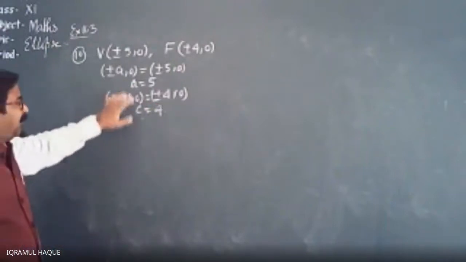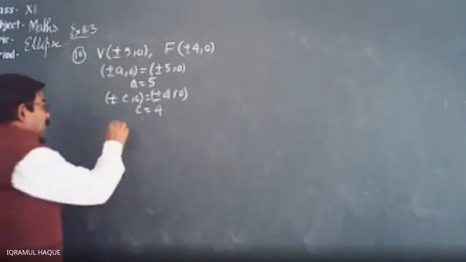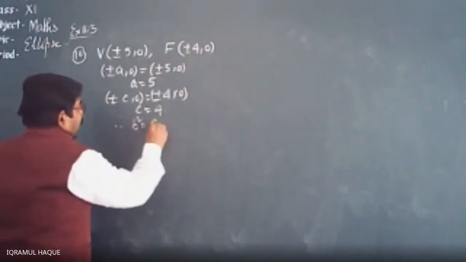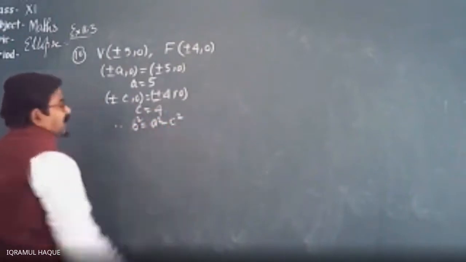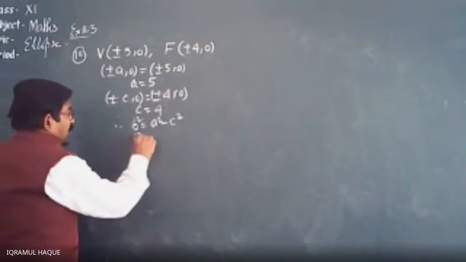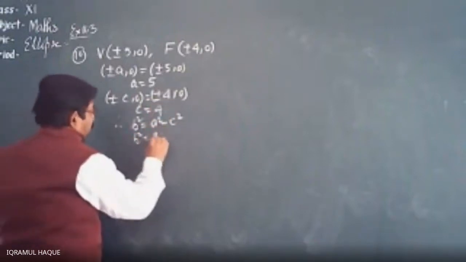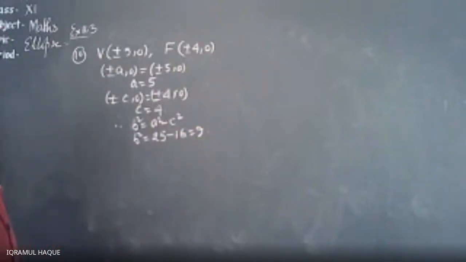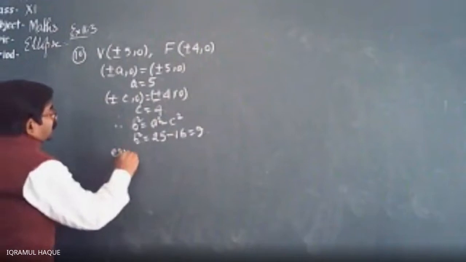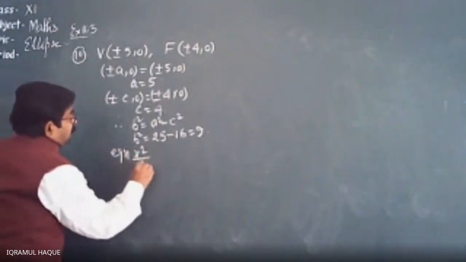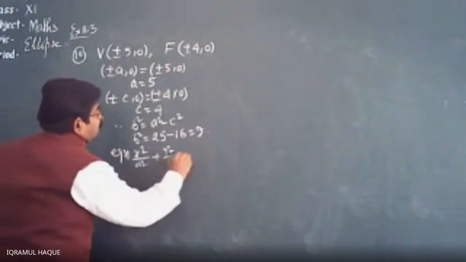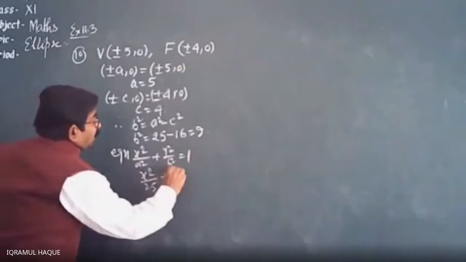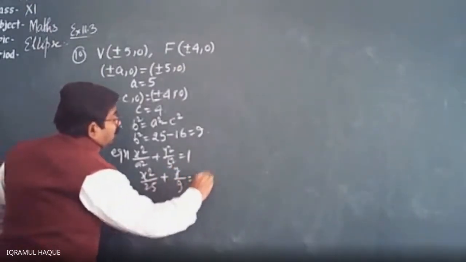With the help of a and c, we can find b, since b square is equal to a square minus c square. So b square is 25 minus 16, which is equal to 9. The equation is x square upon a square plus y square upon b square is equal to 1. So we have x square upon 25 plus y square upon 9 is equal to 1, which is the answer.